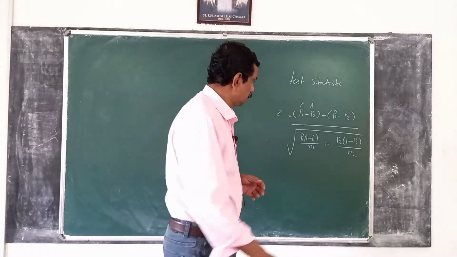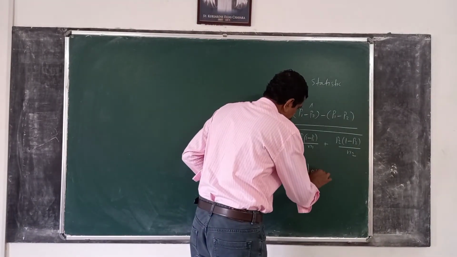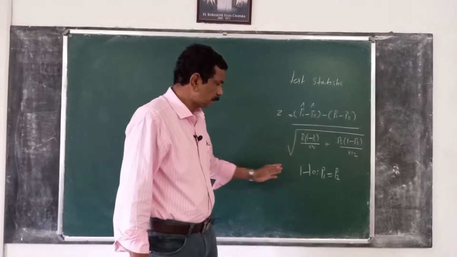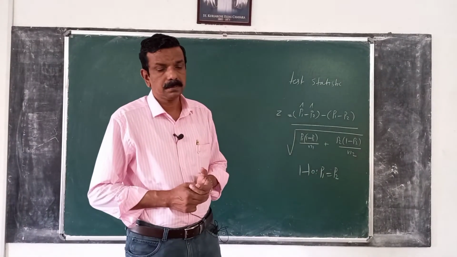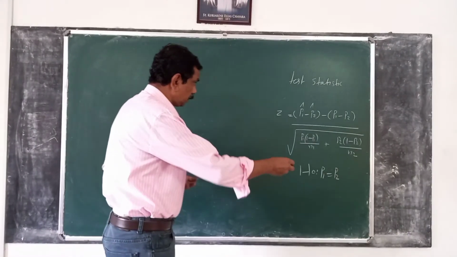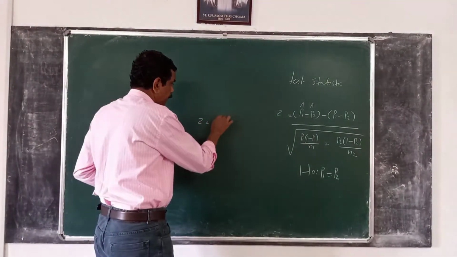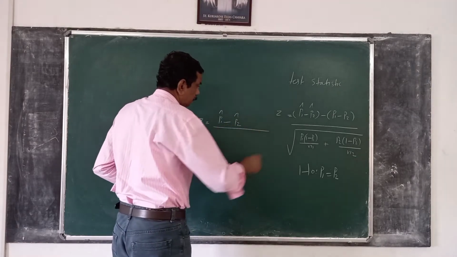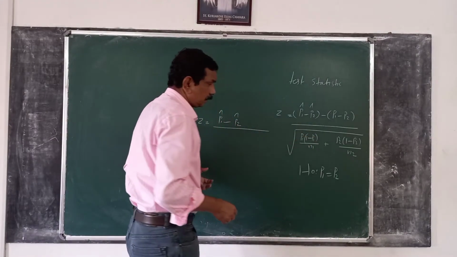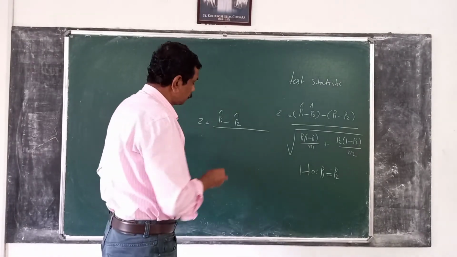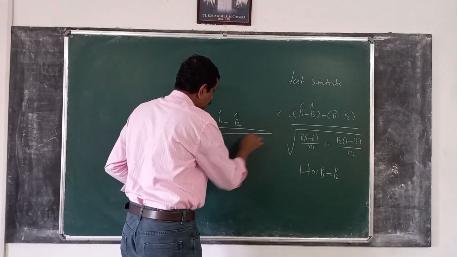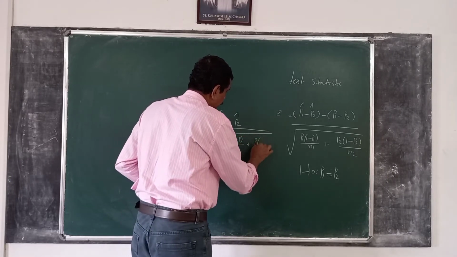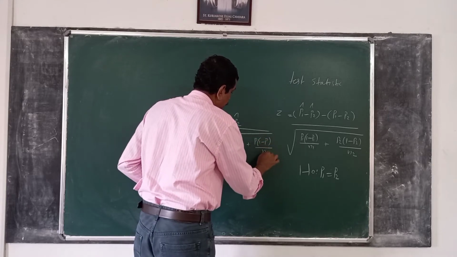To test the hypothesis that p1 is equal to p2, this is our H0, then this Z becomes p hat 1 minus p hat 2 divided by, since p1 is equal to p2, the root of p into (1 minus p) by n1 plus p into (1 minus p) by n2.